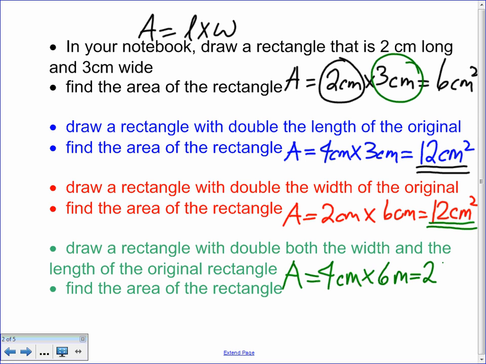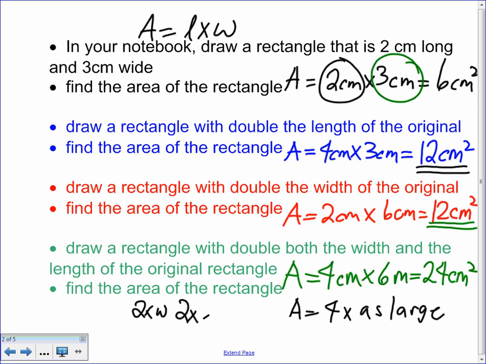My area is now 24 centimeters squared. So what happened to my area? I quadrupled it, or I made it 4 times as large. I had 2 times my width and 2 times my length, so I have 4 times the area.